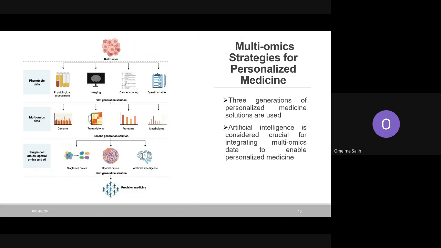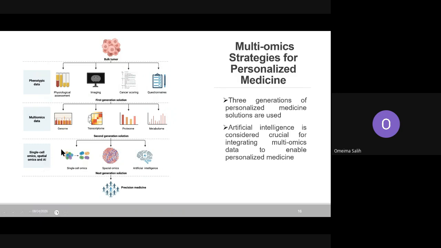So again, multi-omics strategies for personalized medicine is another way of showing the benefit of multi-omic studies. Here in this study, they are using different types of approaches: phenotypic data, multi-omics data, and single cell spatial.